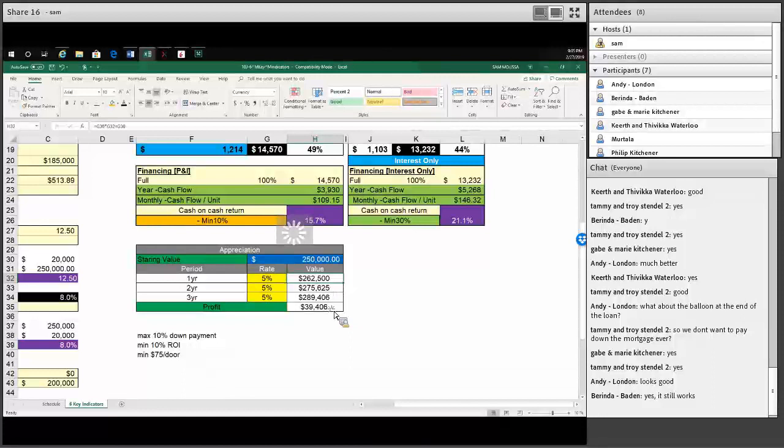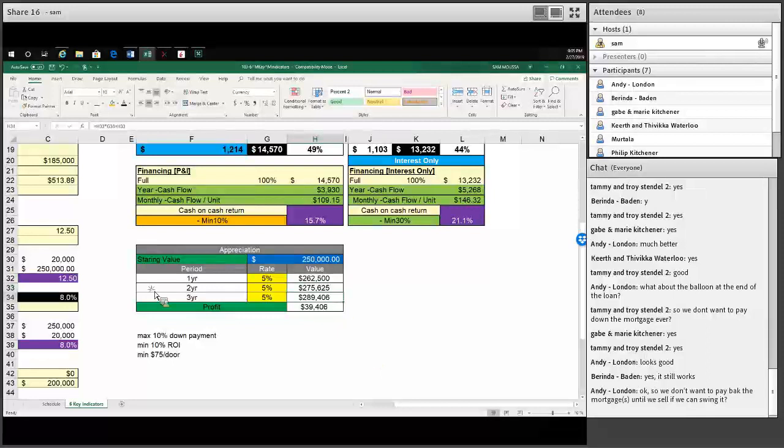So let's say over the next 3 years, if I say the appreciation rate on this property is going to be 5%, that means that in my first year, my property should go up to $260, then $275 in year 2, and year 3, $289.